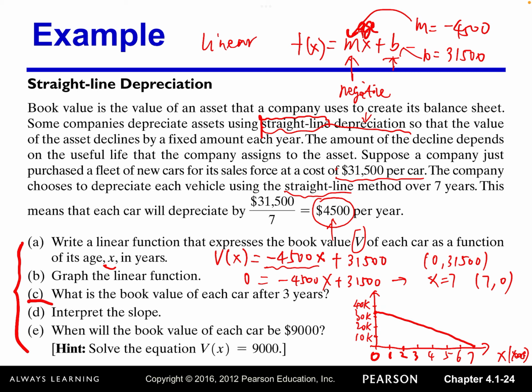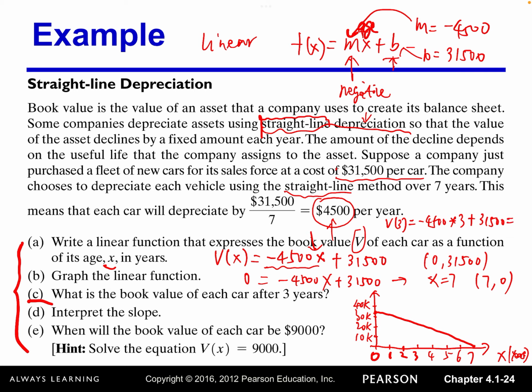And then answer question C. What is the book value of each car after 3 years? That means when x equals 3, plug in x by 3 and evaluate the book value. So V of 3 equals negative 4,500 times 3 plus 31,500.